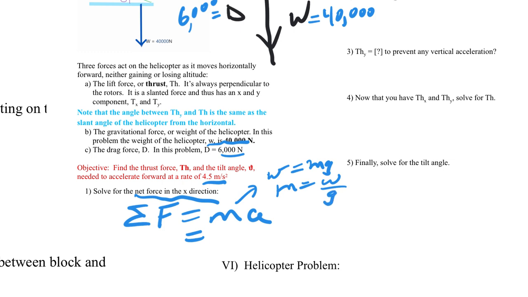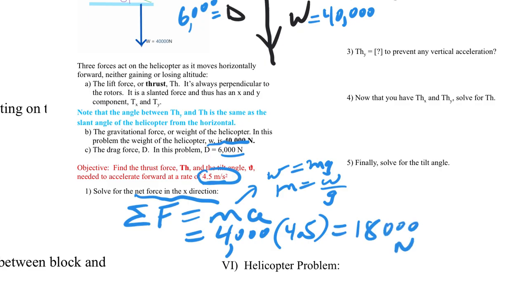So that would equal 4,000. And then the acceleration is given right here as 4.5 meters per second squared. So that comes out to 18,000 newtons. So that's the net force in the x direction.